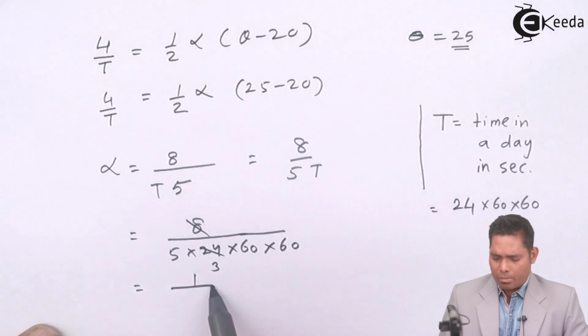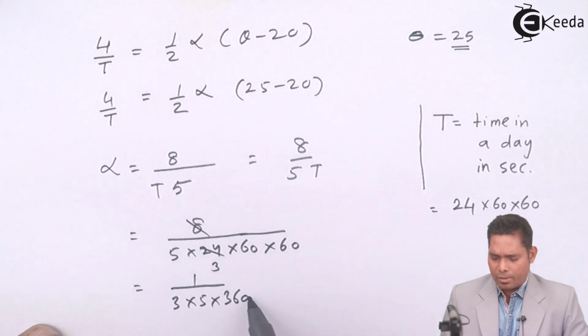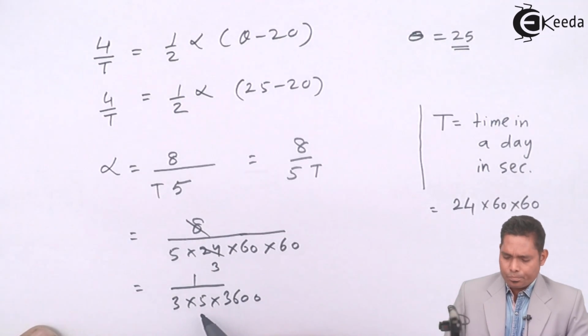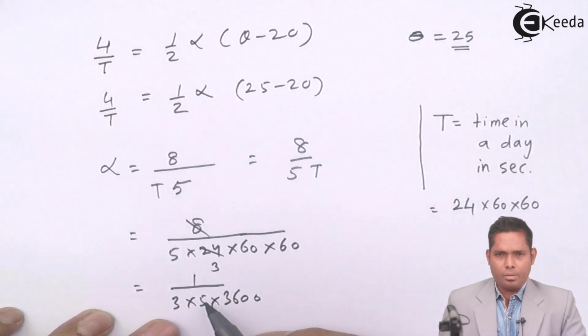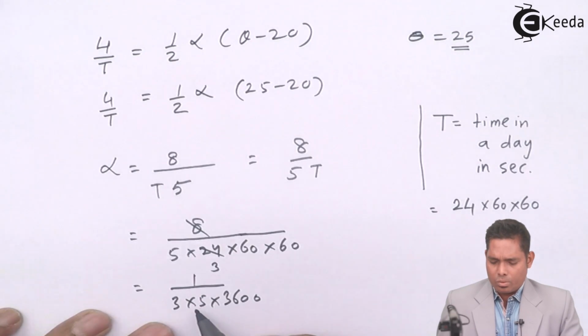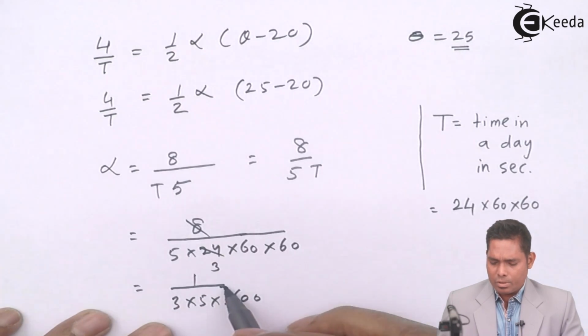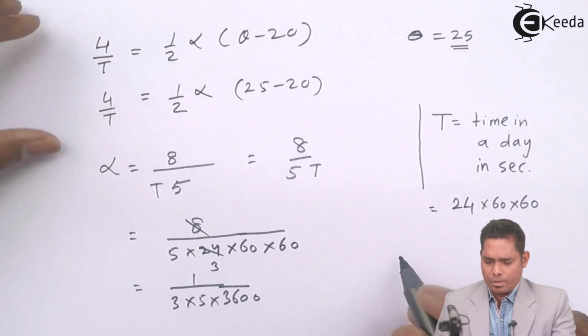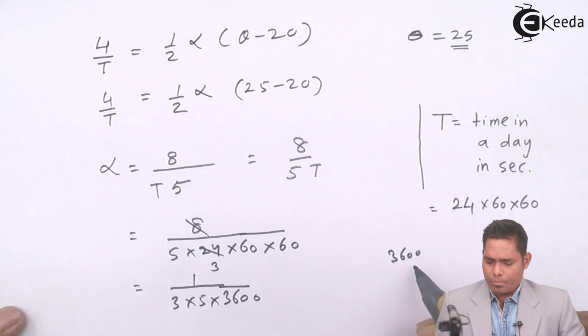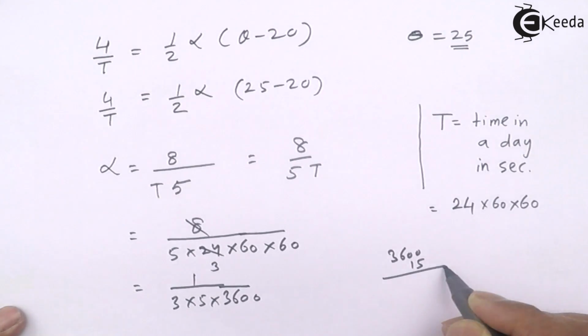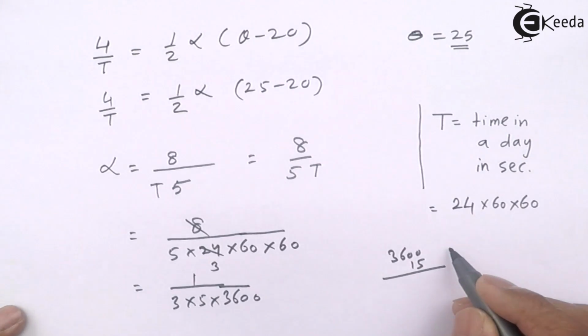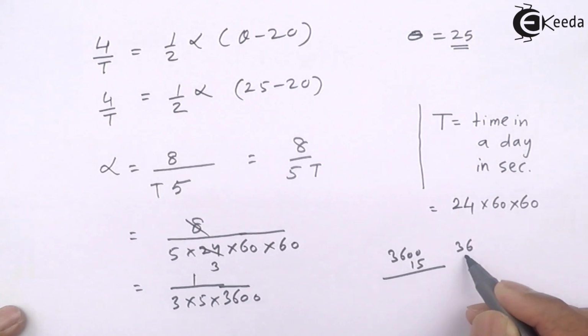So I'll write 1 divided by 3 into 5 into 3600. Now this is 15, so 15 I have to multiply with this, so rather I will multiply 36 with 15.